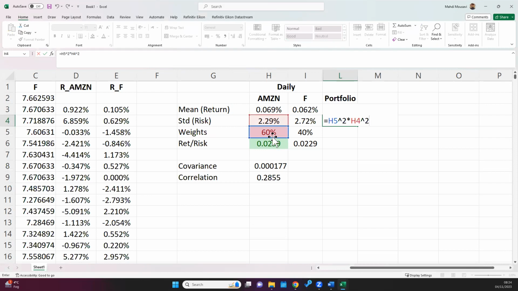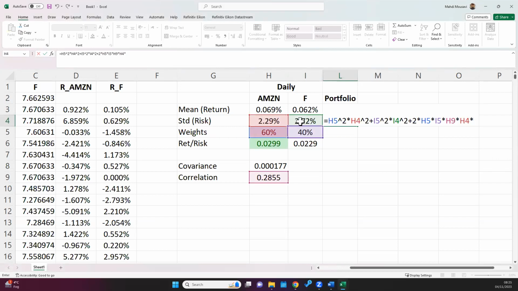A standard deviation power of 2 is equal to variance simply, plus weight allocated to Ford in power of 2 times standard deviation of Ford in power of 2 plus 2 times weight allocated to Amazon times weight allocated to Ford times covariance between these two or correlation of these two times their standard deviation.